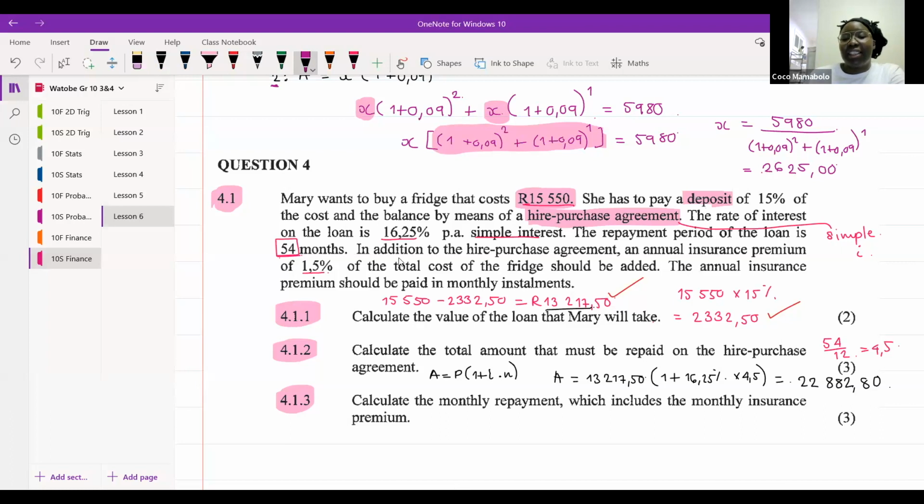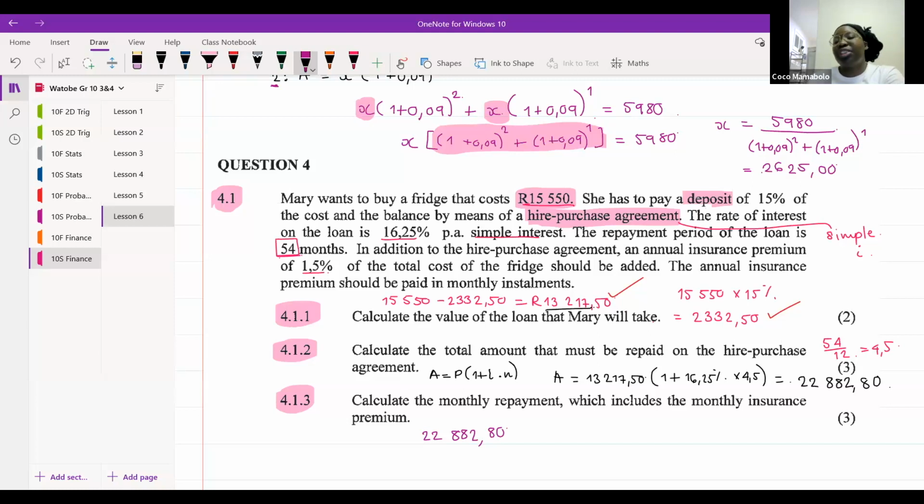All right. Now it says, calculate the monthly repayment, which includes the monthly insurance premium. So we know that Mary owes 22,882.80.